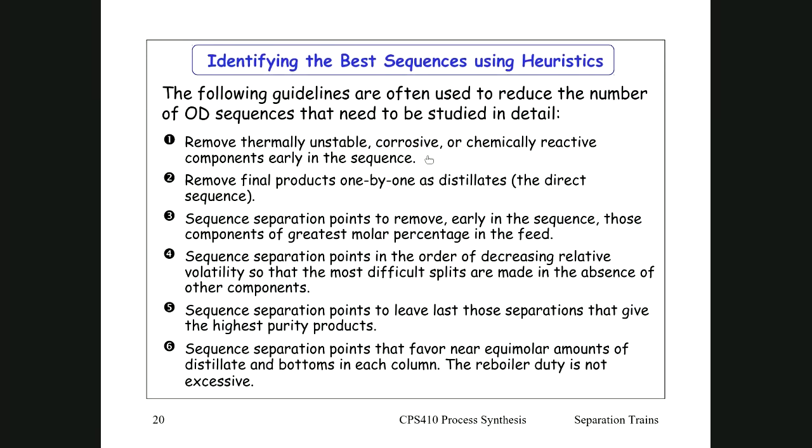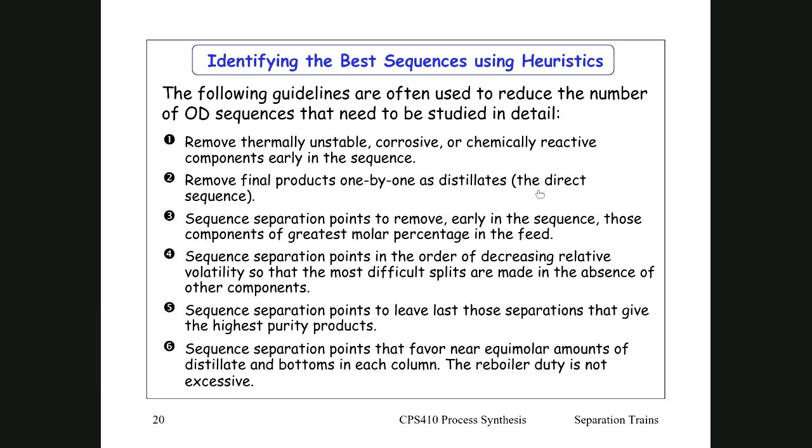Of course, that is corrosive, chemically reactive, and therefore we want to remove that early in the sequence. And we removed it first by using, I think it was 12 bar pressure, and then we used refrigeration. Right, the second: remove final products one by one as distillates, the direct sequence.